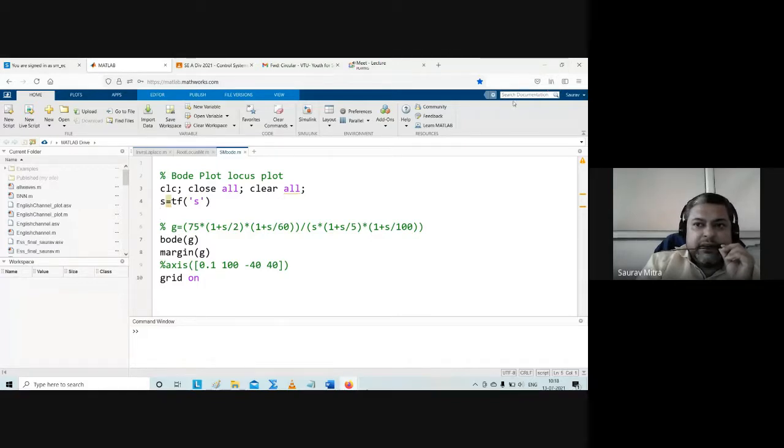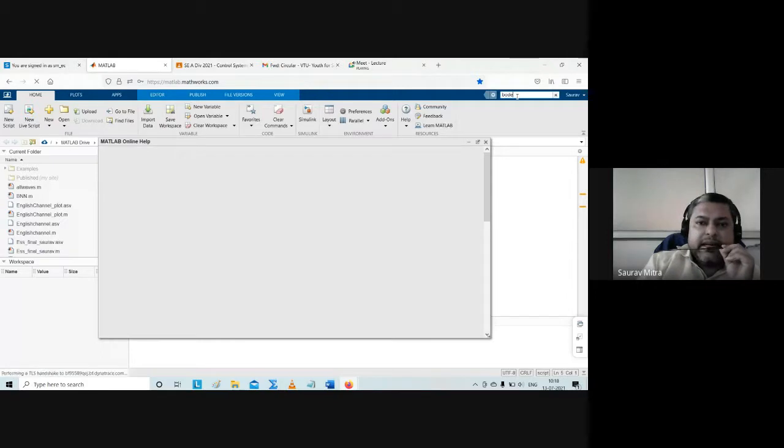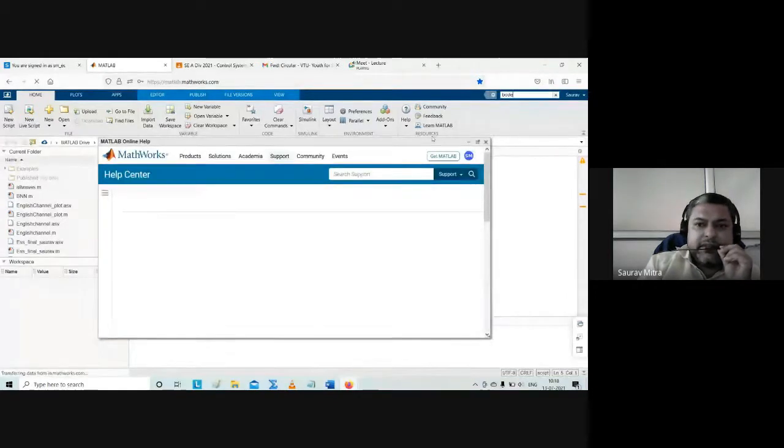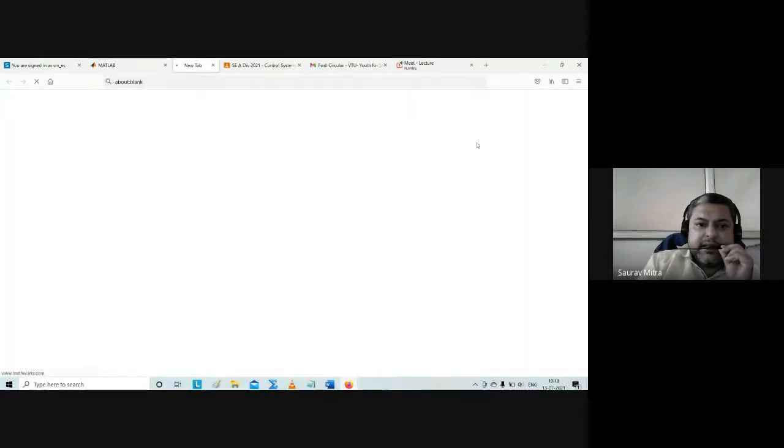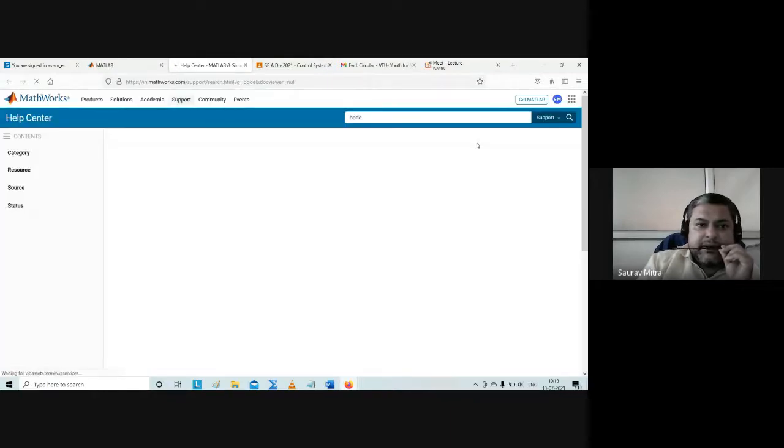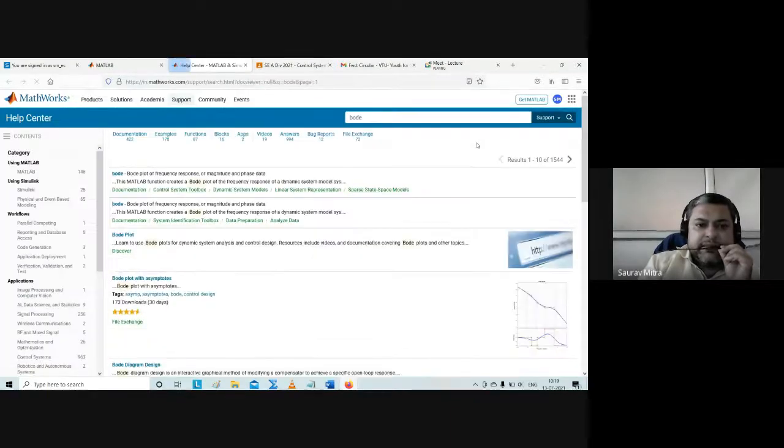Bode also we can check here. In the top right, you can just type bode, and you can see the different functions and the different syntaxes. That will be visible here.